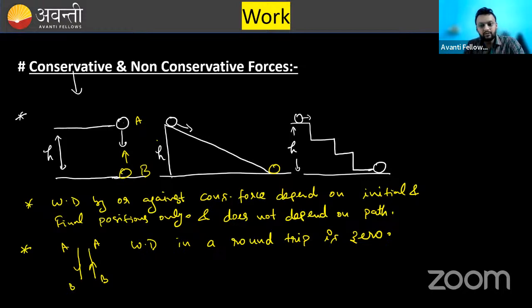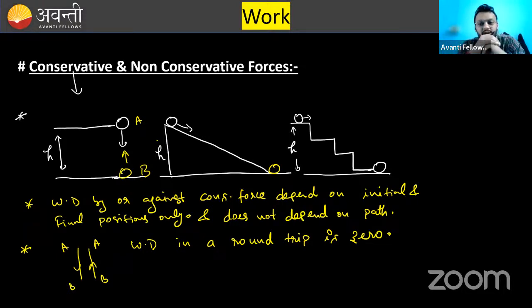Work done in a round trip is 0. This is again the second property. Now, the third thing is that the definition of conservative forces says that in the presence of conservative forces, mechanical energy cannot be transformed to internal energy.